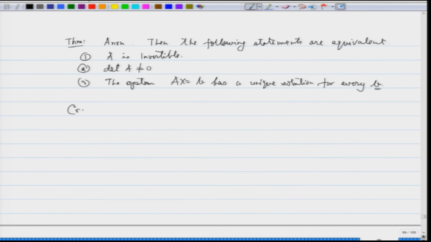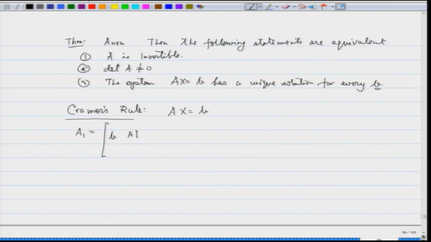Now, let us come to what is called Cramer's rule. So, what we are going to do is solve the system Ax is equal to B, and then there is a formula which you need to look at. So, we write what is called the matrix A1 as: I have the matrix B here, fine.